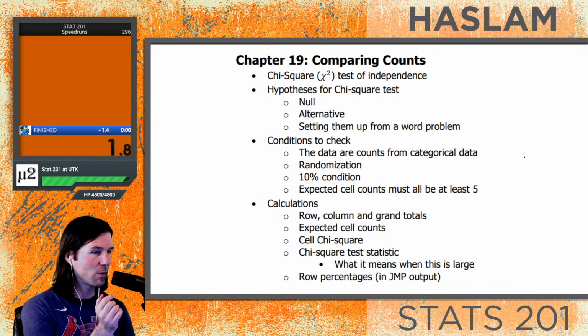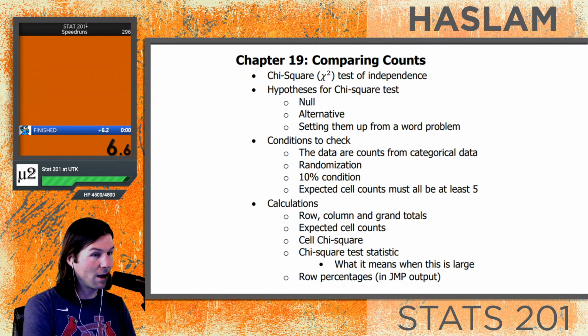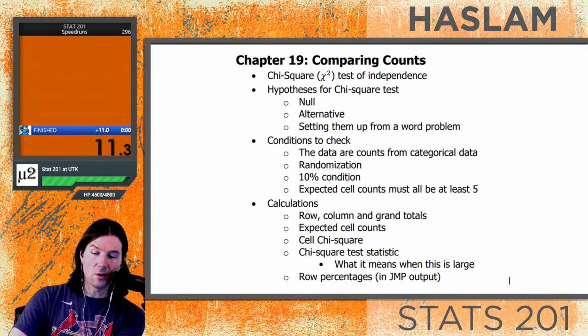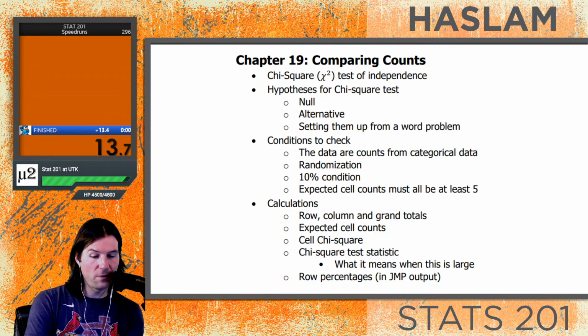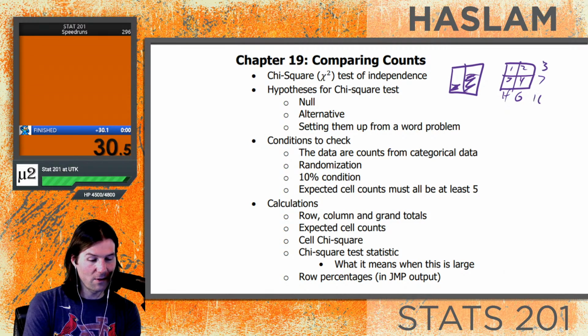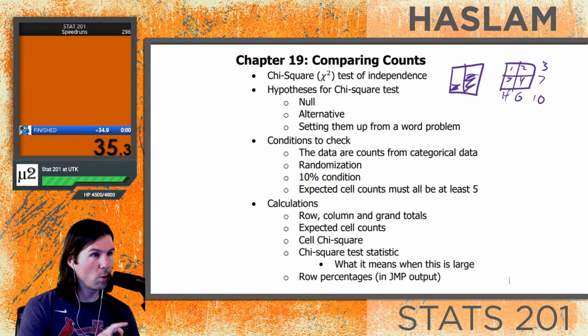So we have here the chi-squared test of independence. What is the chi-squared test of independence? The chi-squared test of independence is when we are comparing two categorical variables. So it's very important to note, whenever you see the following: if you see a mosaic plot, or a contingency table which has the numbers in it, like 4, 6, 3, 7, then you are looking at two categorical variables.